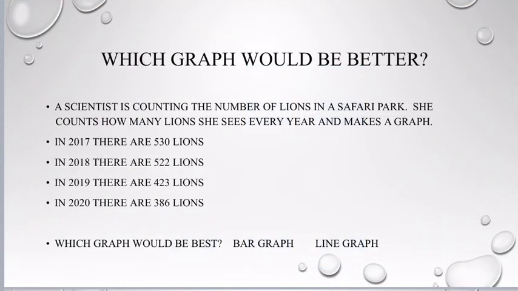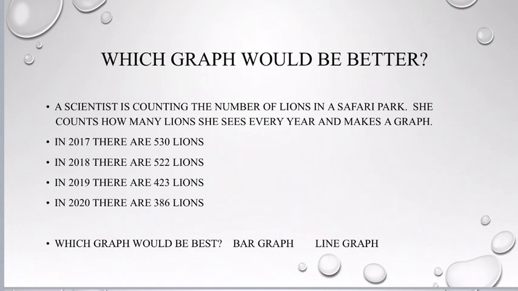Right, the second example. A scientist is counting the number of lions in the safari park. She counts how many lions she sees every year and makes a graph. In 2017, she saw 530 lions. In 2018, there were 522.